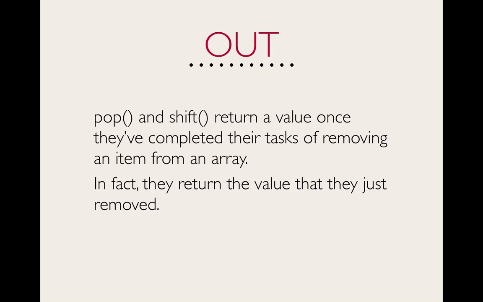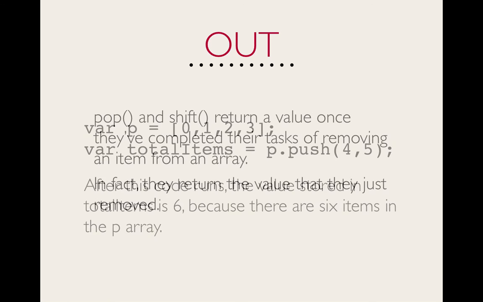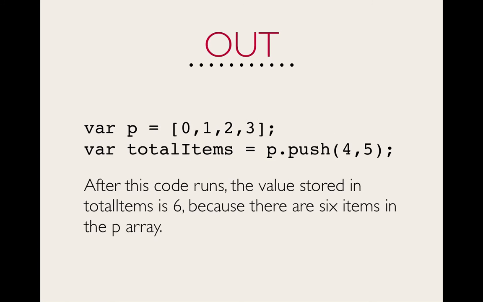So pop and shift return a value once they've completed their task of removing an item from an array. In fact, they return the value that they just removed. In other words, if you take something out of an array, whatever that value is, that's what those two verbs will return. So, for instance, stick with it. It's a little confusing, I know.